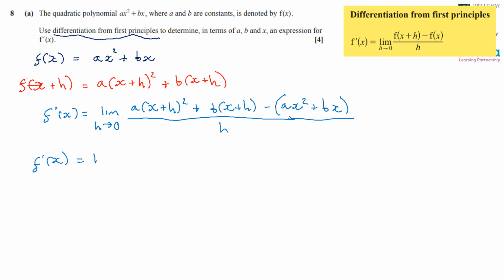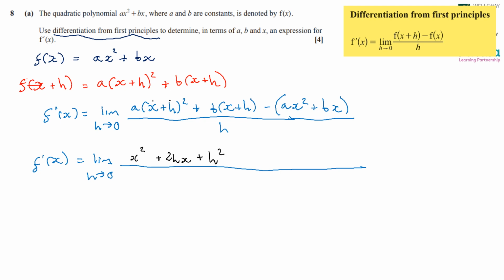Once it looks like that, it makes sense to expand out and sort out the top a little bit. I'm going to do this in slightly fewer steps than if I was writing this out for the first time. First of all, x plus h squared gives you x squared plus 2hx plus h squared. But being careful, all of these things are getting multiplied by a.